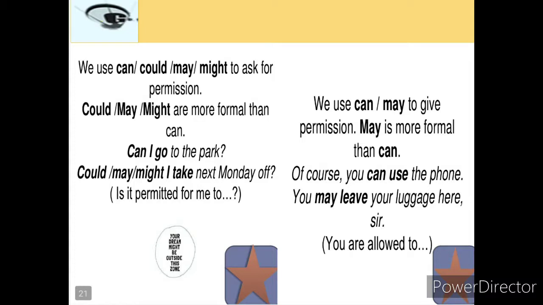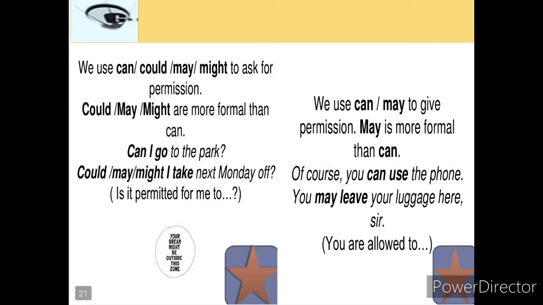We use can, could, may, might to ask for permission. Could, may, might are more formal than can. Remember this thing. Could, may, and might are more formal than can. Can is informal.